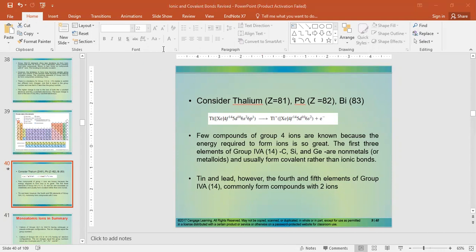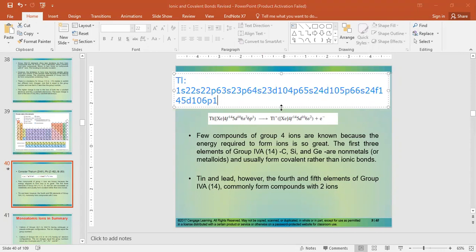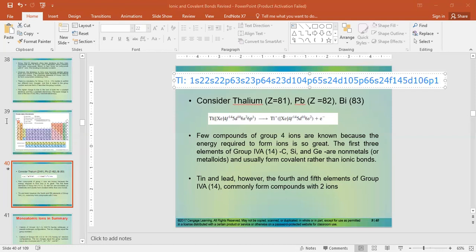So if I can write thallium there, a very long one. Maybe I should divide it. It may not fit. Are you able to see the whole of it?